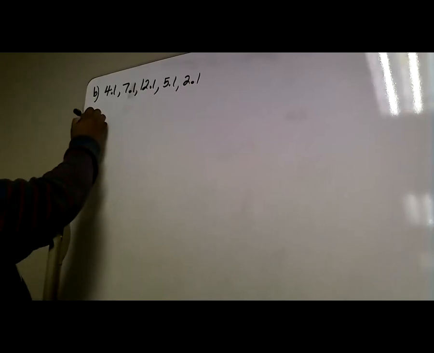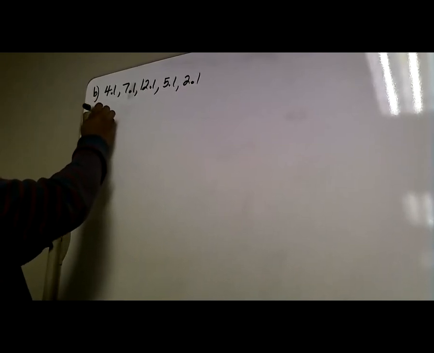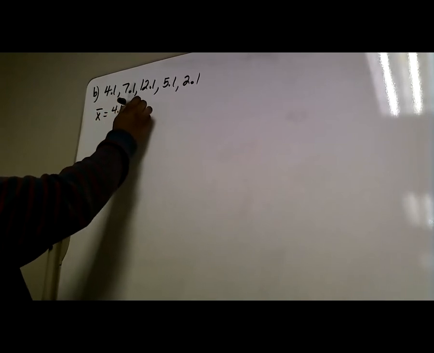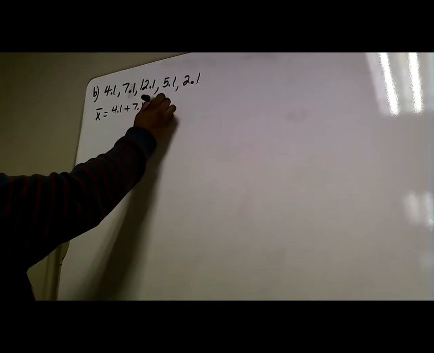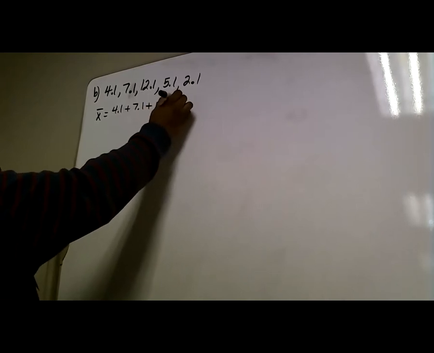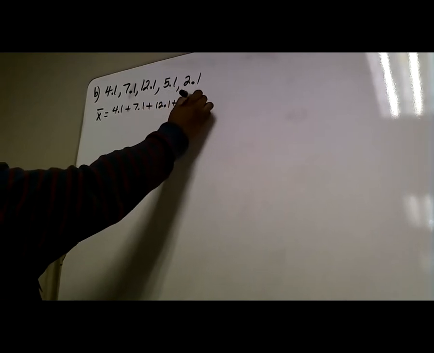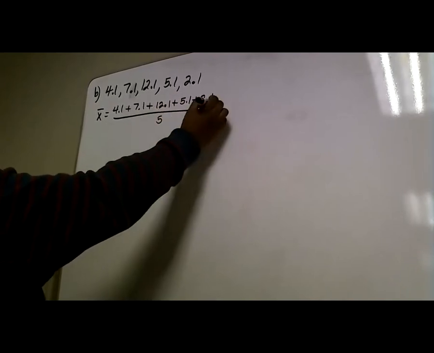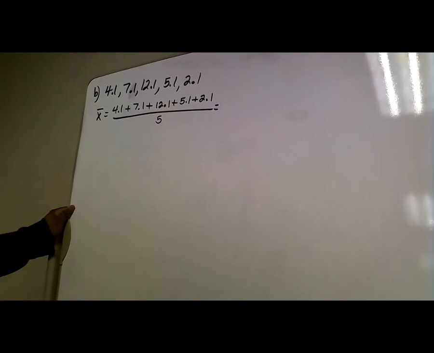First of all, we need to find the mean, and I'm just going to label this as X bar. So we add 4.1, 7.1, 12.1, 5.1, and 2.1, divided by 5.